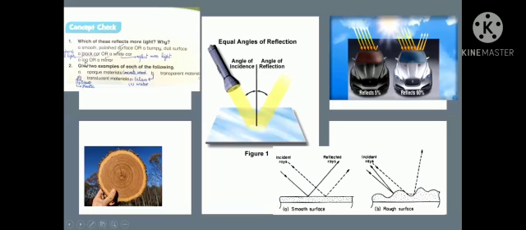On the third point, a log or a mirror. The difference between a log and a mirror means which object will give more reflection of light. So you can see this is a log of wood, यानी एक लकड़ी का छोटा सा टुकड़ा वो है, या एक मिरर हम यूज कर रहे हैं.